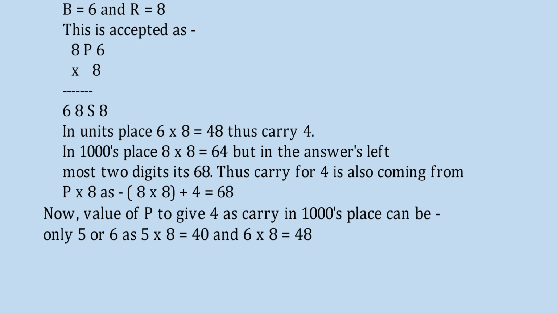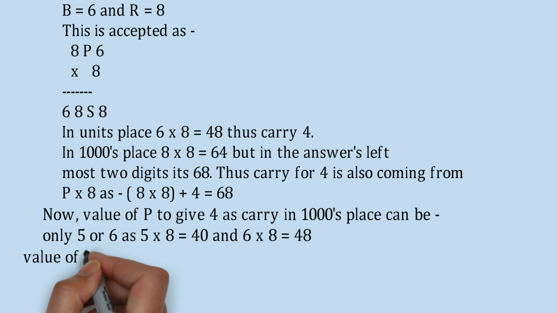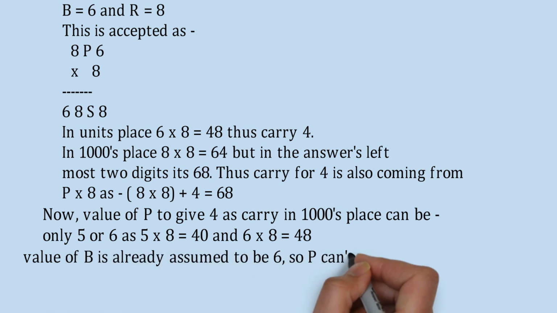So we have the assumed value of B as 6 and R as 8. As we are assuming, possible values of P are 6 or 5. Now the value of B is already assumed to be 6, because we are talking about the case B equal to 6 and R equal to 8.